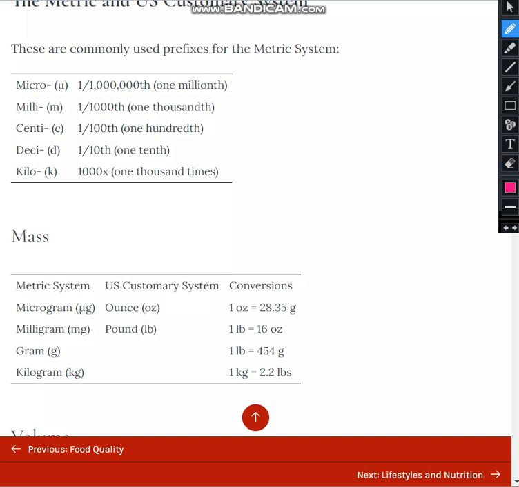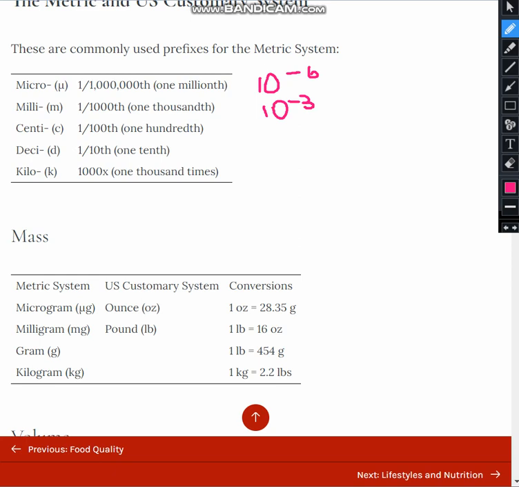So micro means 10 raised to the power negative 6, because this is 1 divided by a million. Then milli is 1/1,000, which means 10 raised to the power negative 3. Okay?